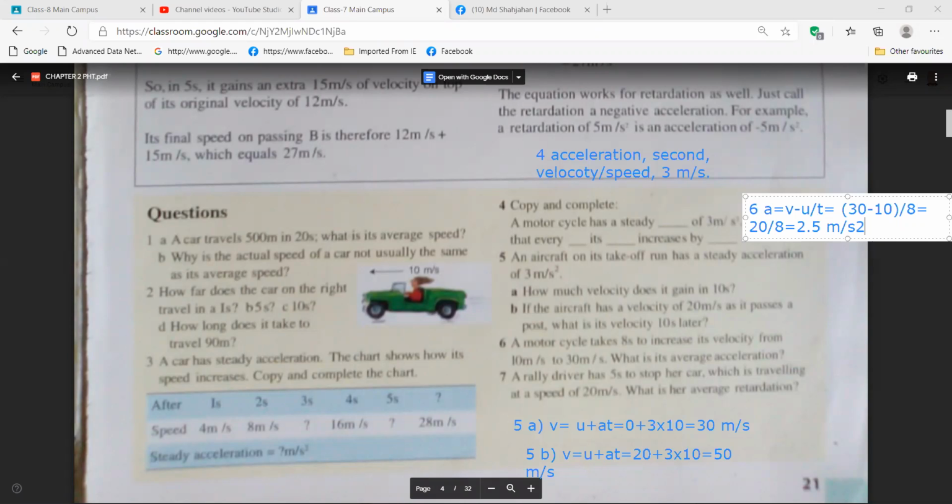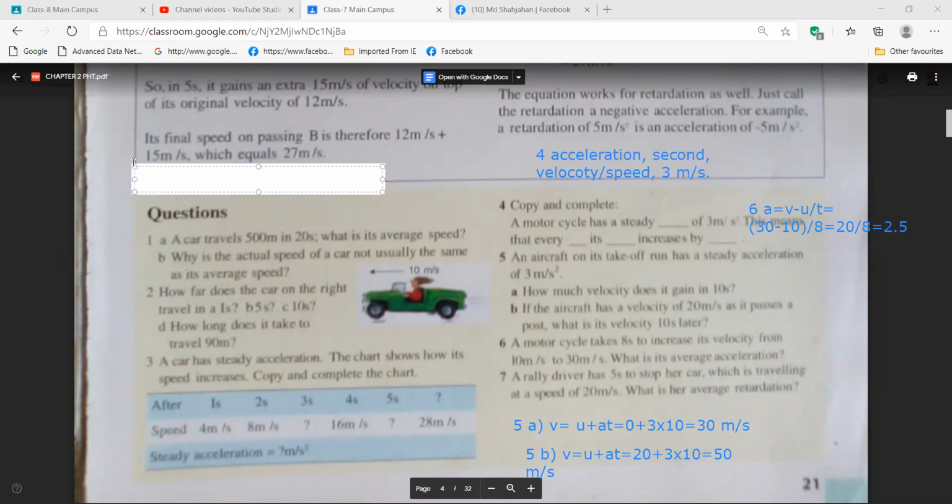A rally driver has 5 seconds to stop her car, which is traveling at a speed of 20 meters per second. What is her average retardation? So average retardation, we will use the same formula, right?